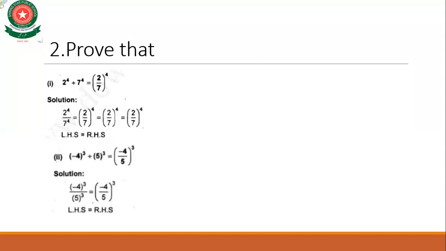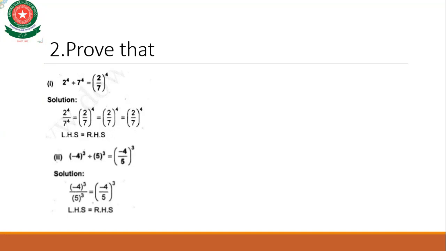So by taking the left hand side, we know that 2 power 4 divided by 7 power 4, when we convert it into fraction form, we will get 2 power 4 over 7 power 4. Now again, here we can see that the bases are different but the powers are the same.